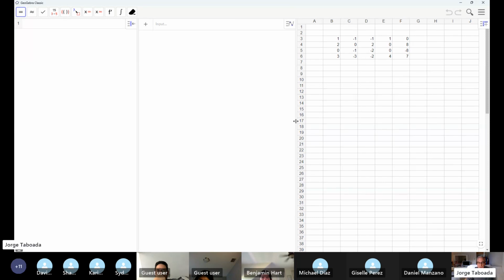You put numbers in the spreadsheet, create a matrix and transfer it to the algebra part. And CAS is computer algebra system. The CAS is the brain that solves the algorithm.